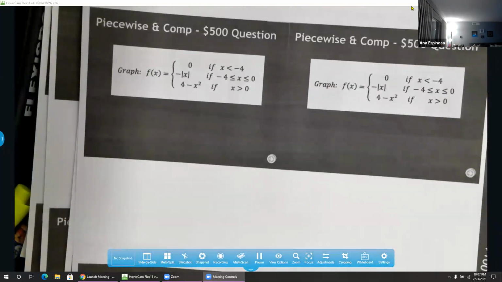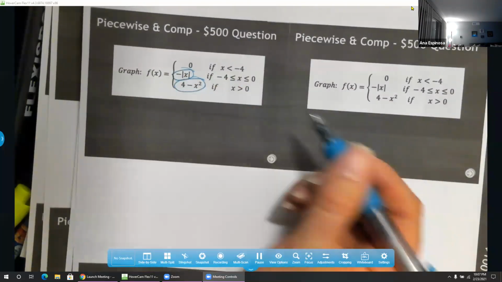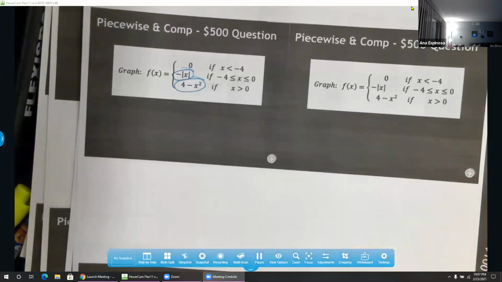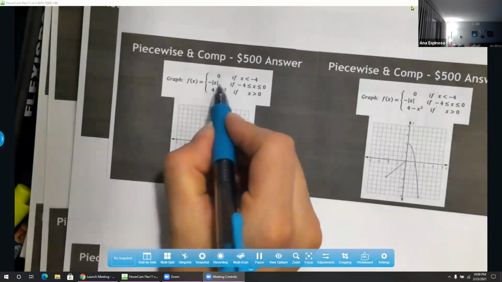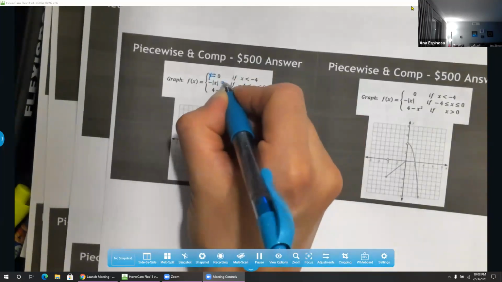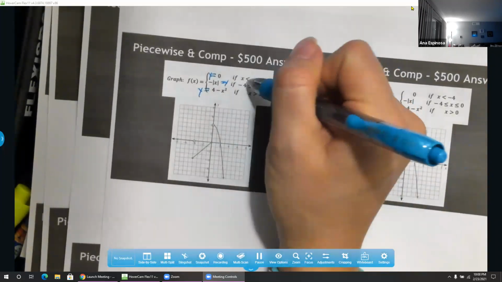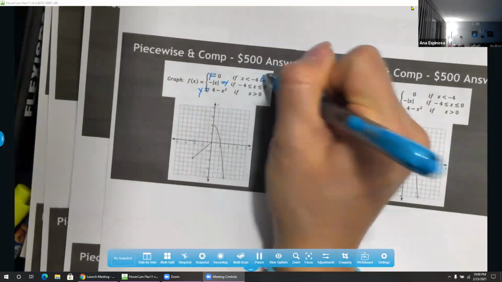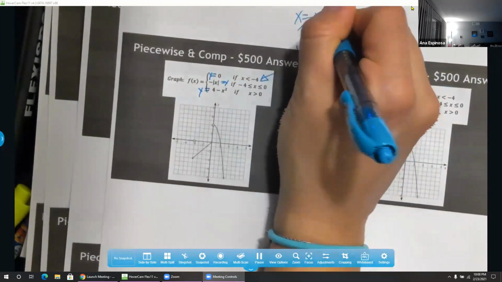All right, for piecewise functions, you're basically graphing these. So you would put these on the calculator and just cut it from where it says. So let's just go through the answer here. You basically have y equals 0, y equals that, you've got 3 different graphs. And all you have to do is cut them. So this is a cut, a vertical line at x equals -4.